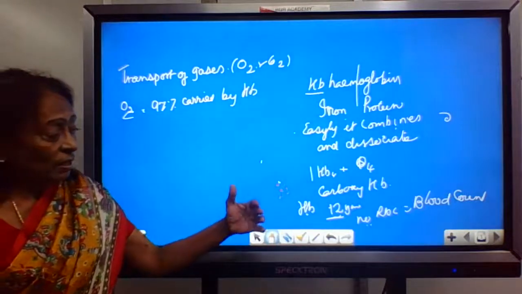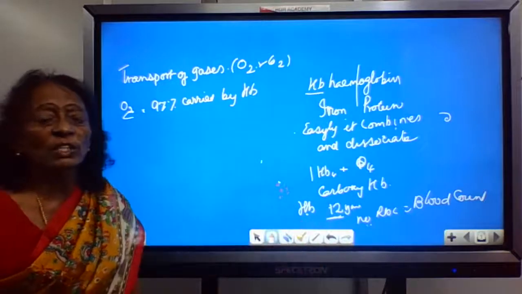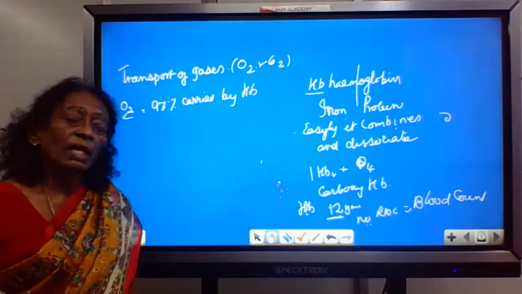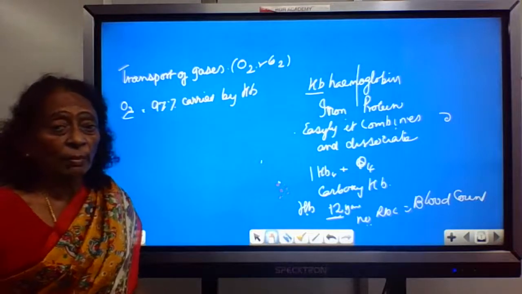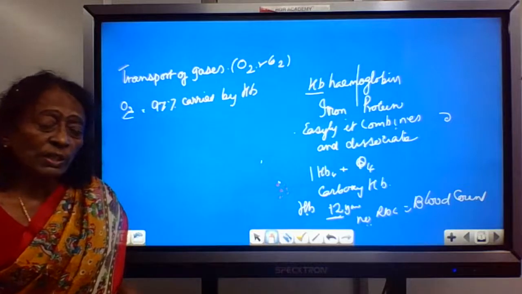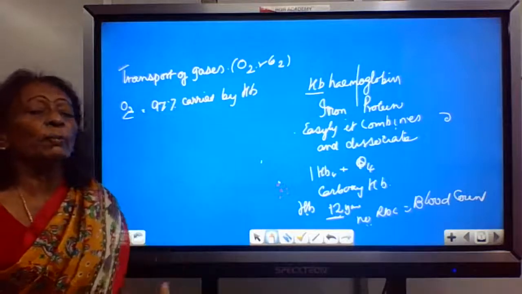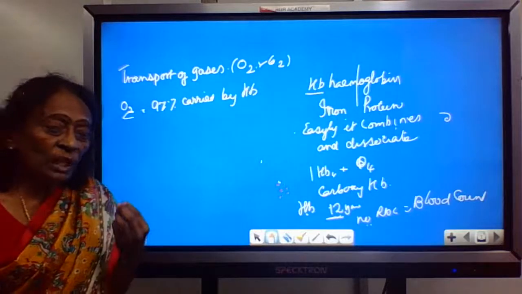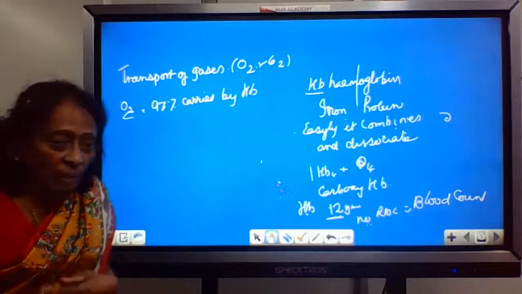Sometimes the number of RBCs will be less. That condition also will lead to anemia. Another condition is a genetically deformed RBC, sickle cell anemia. The RBC structure is deformed, so it is not a normal structure. What is the main aim of RBC? Just to trap and hold as much pigment as I can. When the stomach is deformed, you cannot eat much.